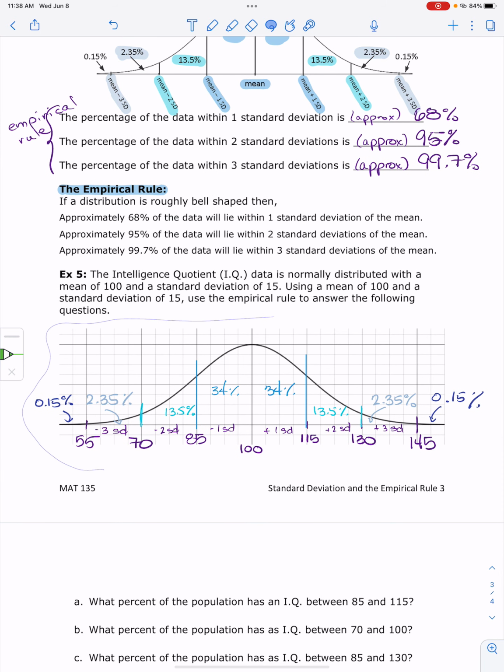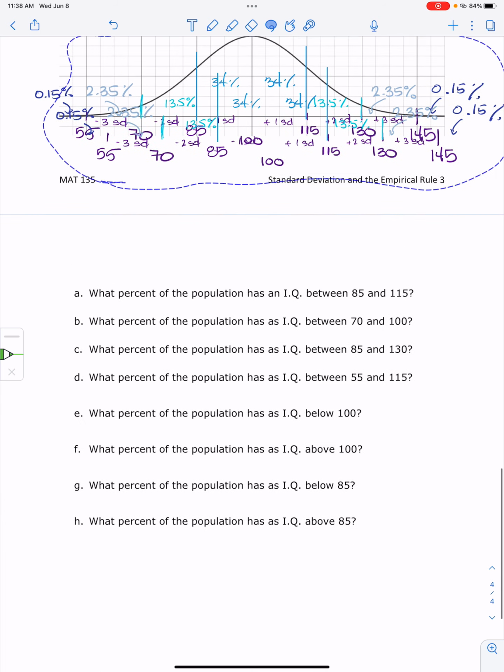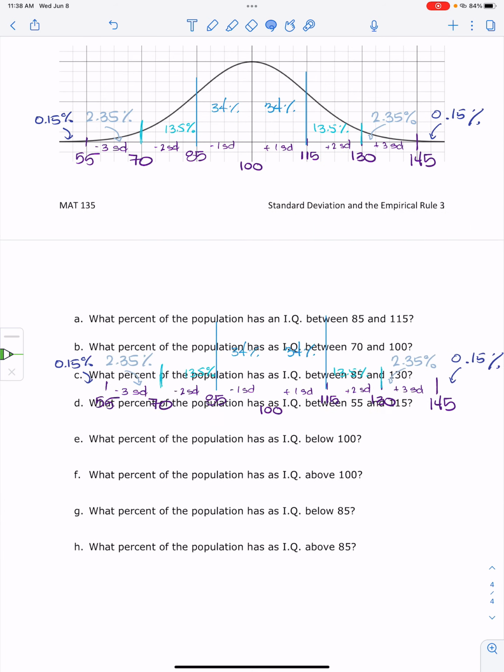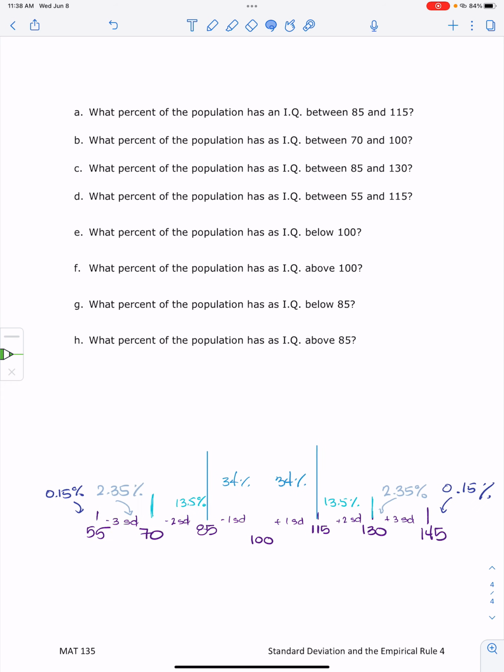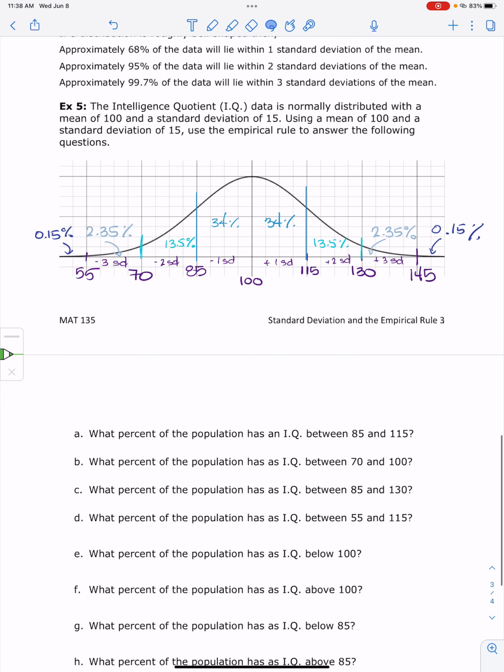I should be able to paste the whole picture, I thought. We'll go with duplicate, see if that works. Oh. No, okay, we'll just refer to it up there.